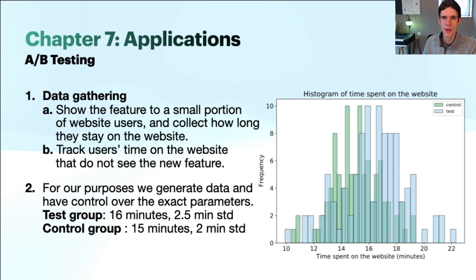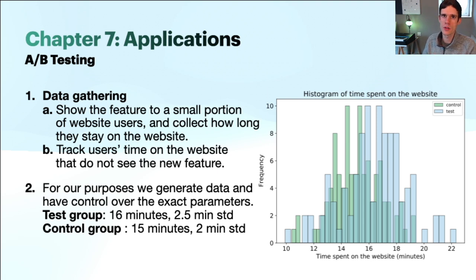And this by now is a very familiar situation that you find yourself in. Namely, you need to figure out whether these sample statistics, in this case a difference of 1 minute, are representative for the population statistics. And of course, that is what we learned in chapter 6, and it calls for statistical testing.